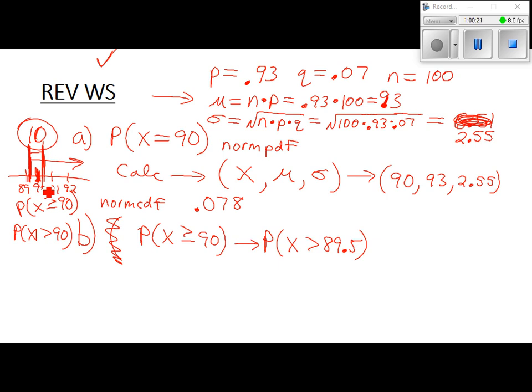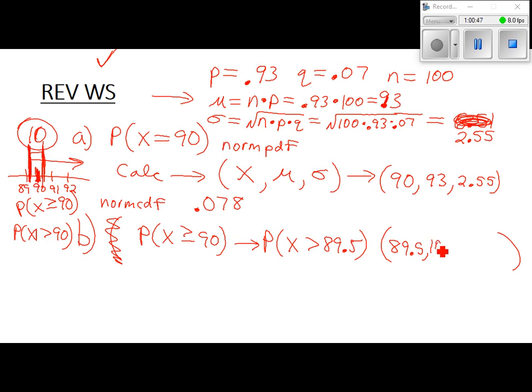Now when we punch it into our calculator, we can put in low limit, high limit, mean, standard deviation. What's the low limit this time? 89.5. What's the high limit? It could be 1,000.